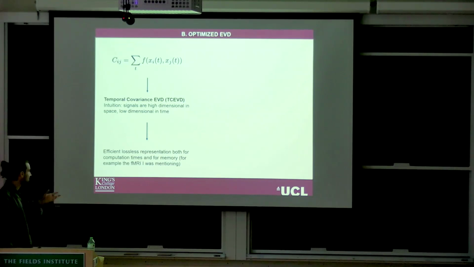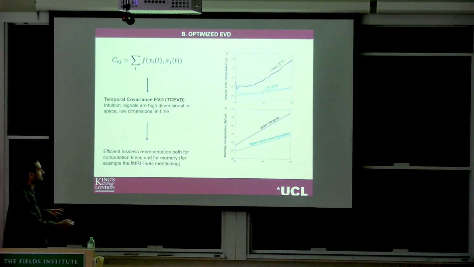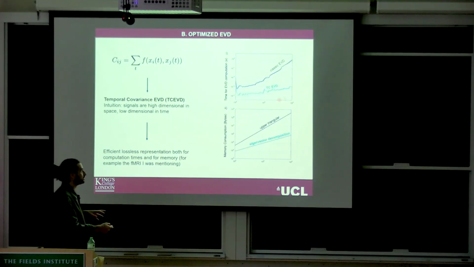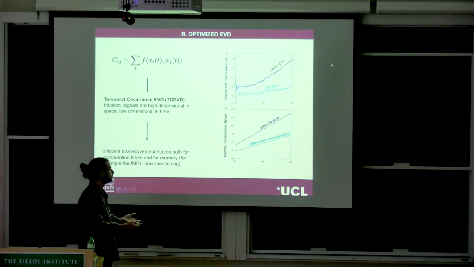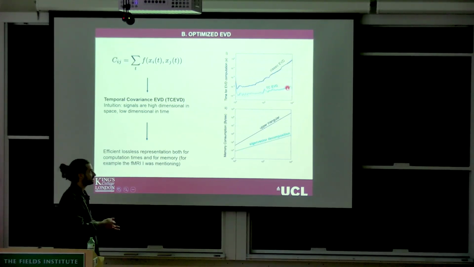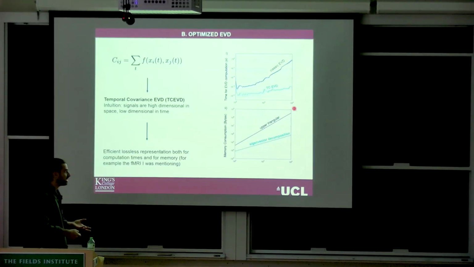And this efficient and lossless representation in terms of eigenvalues and vectors is very efficient, both from a time perspective, so how to compute the matrices, it becomes orders of magnitude faster, for example, for voxel-wise fMRI or high-dimensional electrophysiology, but also efficient from the memory consumption, so the memory to save the matrices.